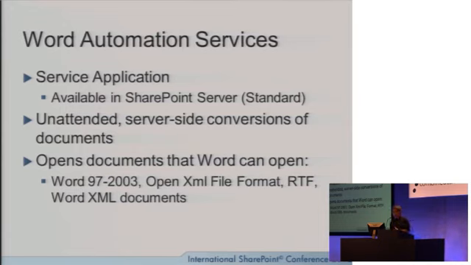Pretty much what it does is provide the ability to do conversions, and I'll get on to what I mean by that, server-side on documents without needing to install the client tools themselves on the server. You're not allowed to, it breaks a licensing agreement. You don't need to install Word in order to start manipulating Word documents.